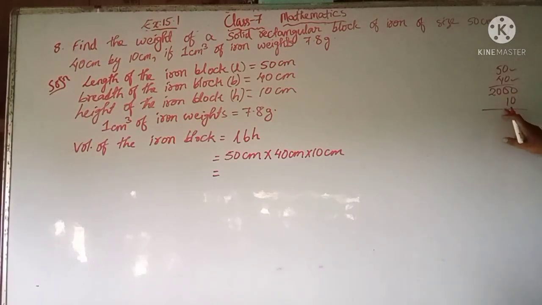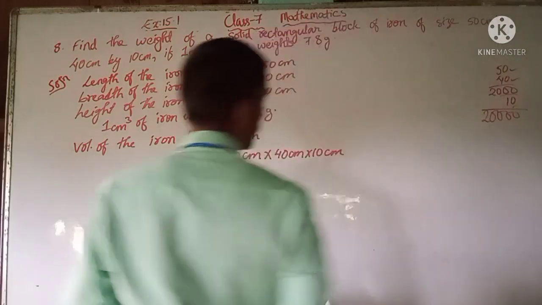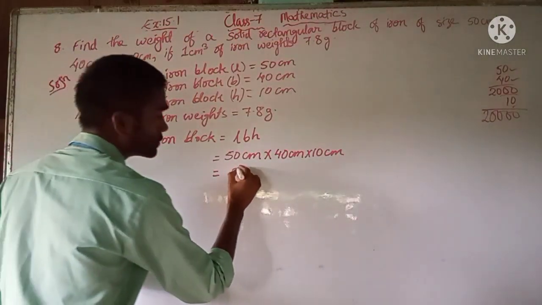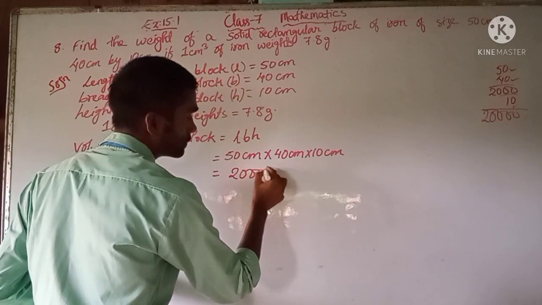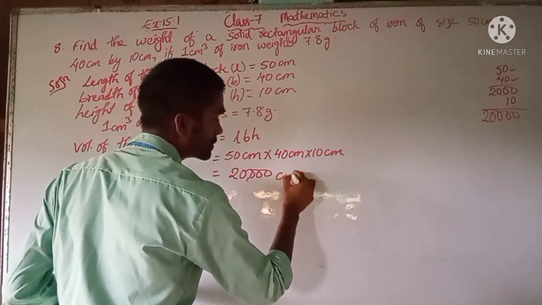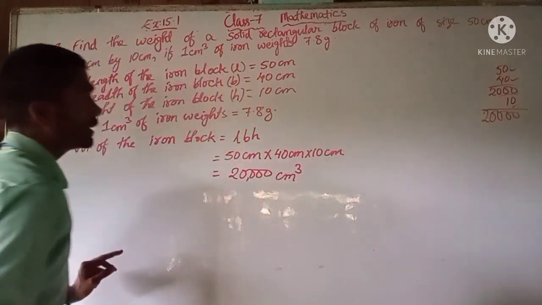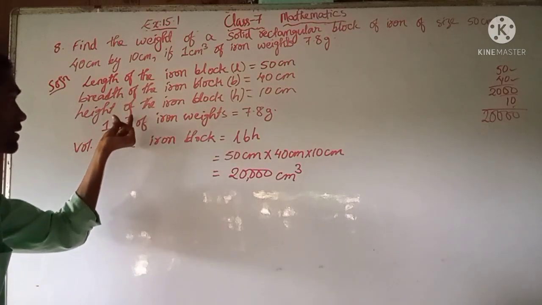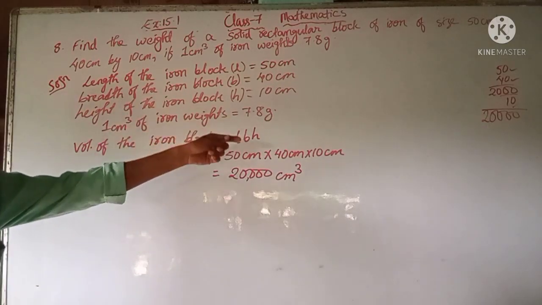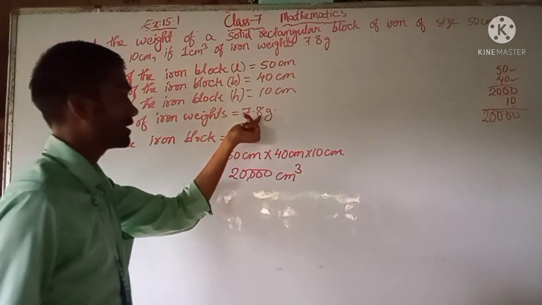So just multiply the number. 1 into 2, it is 2, and total count the number of zeros. Here it is 3 zeros and here 1. So 1, 2, 3, 4 zeros. So we got here 20,000 centimeter cube.